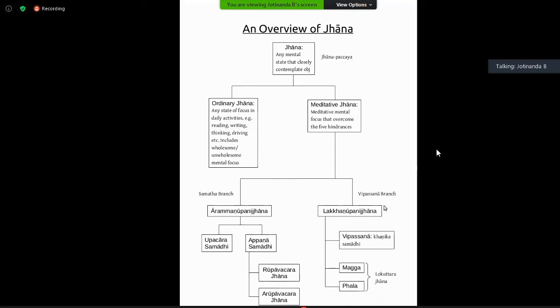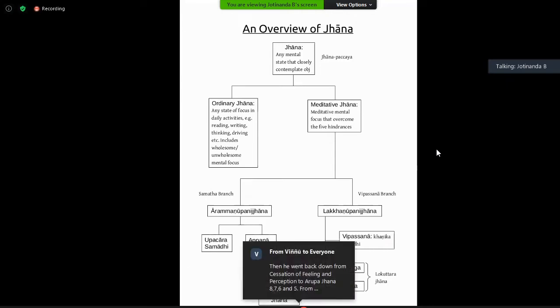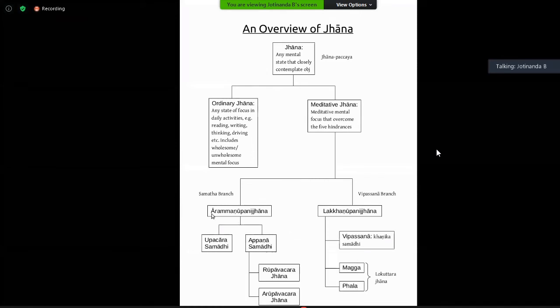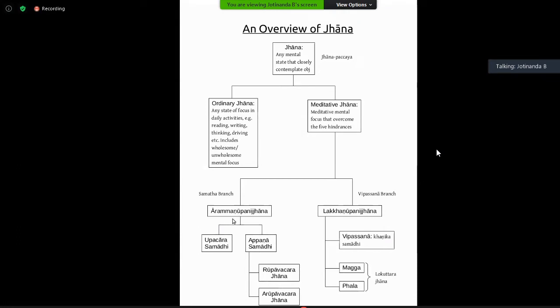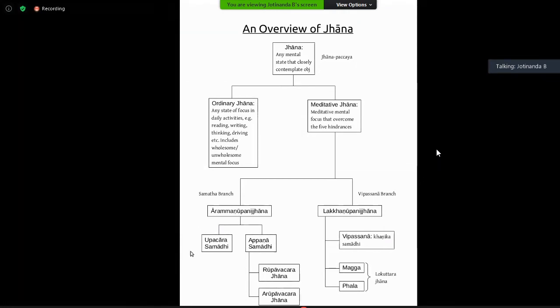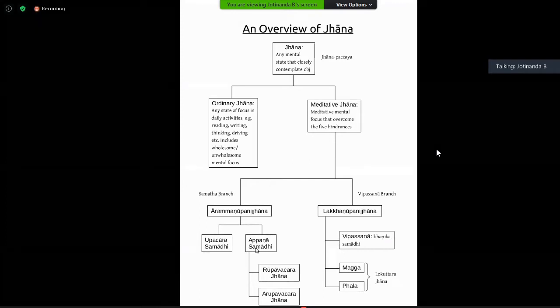Actually, jhana is so much more. All this together, upachara and appana, which include rupavacara and arupavacara, are called the samatha jhanas. So the samatha yogi will develop this samatha jhana, upachara and appana samadhi.